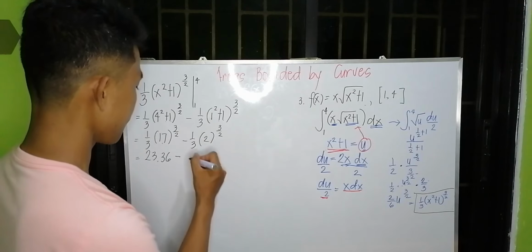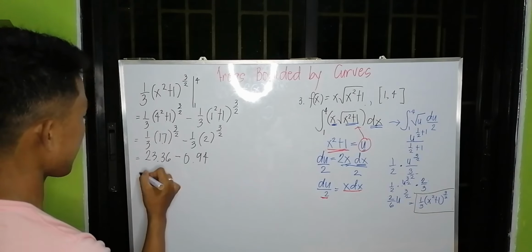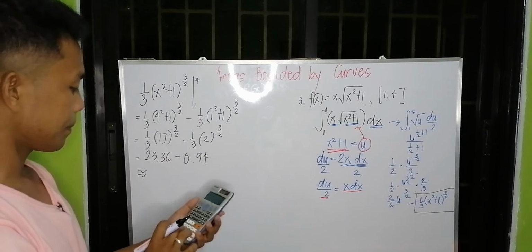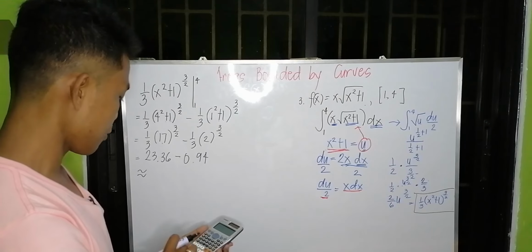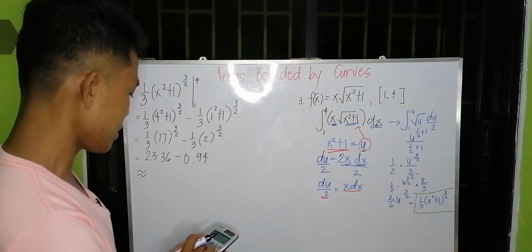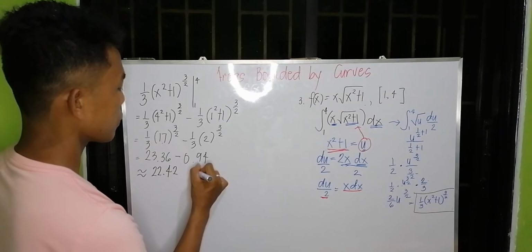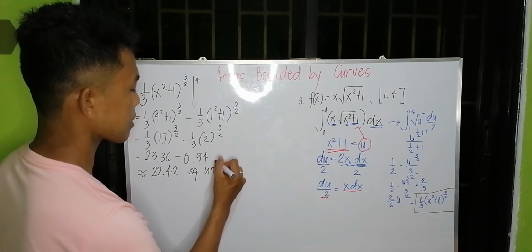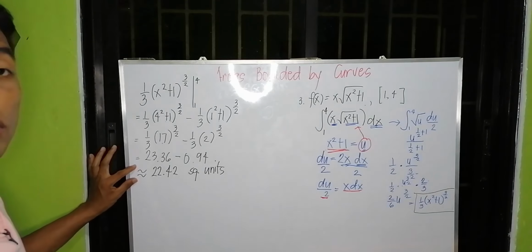The answer is 0.94. So, simplify. 23.36 minus 0.94. The answer is 22.42 square units. Okay. Kung mapapansin nyo, meron tayong approximation dito.